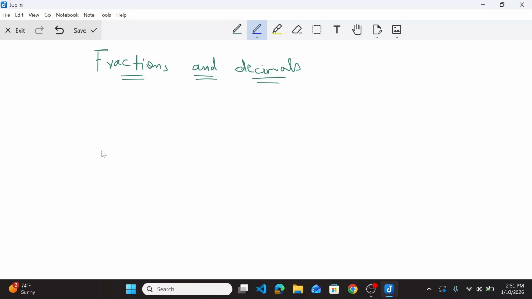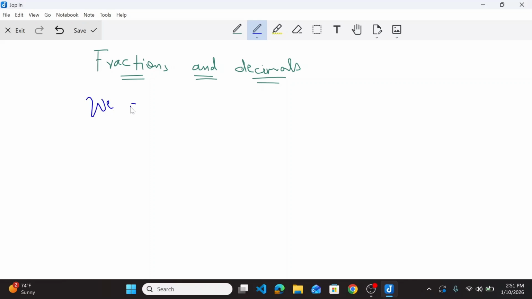Basically, we want to convert the decimal number into a fraction number here. So let's start now. What will we use to convert a decimal to a fraction? First, we will write this. It's a rule that is easy to absorb.